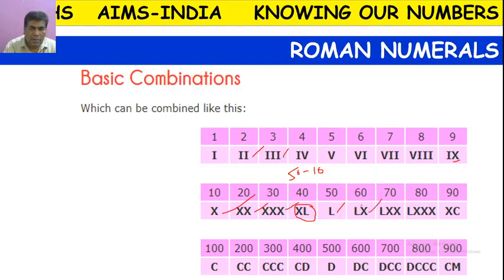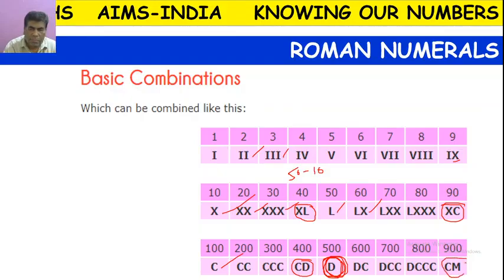LX stands for 60. Like this, 90 means XC. 100 means C. 500 stands for D. What is 400? From 500, 100 is to be subtracted, so CD.